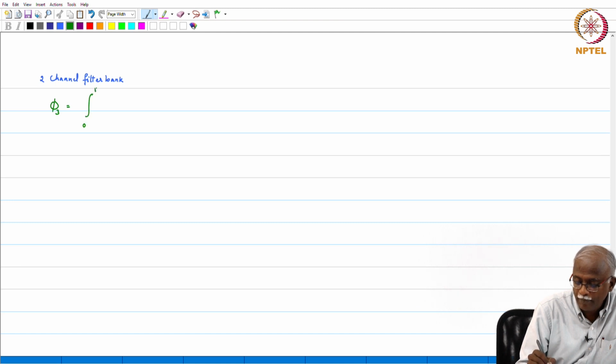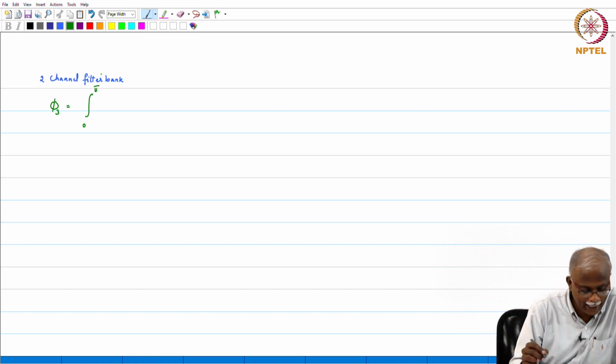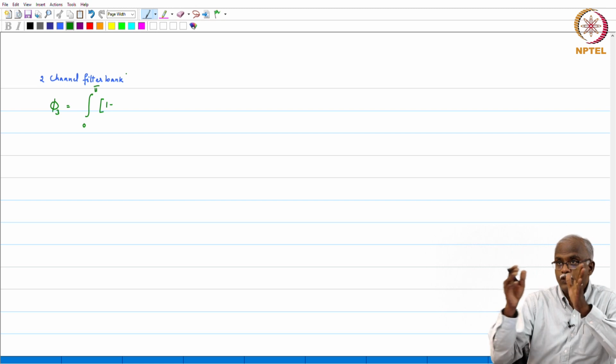In the entire band from 0 to pi, we would like the transfer function to be as close to a constant as possible. So this would be equal to 1 minus the magnitude response.